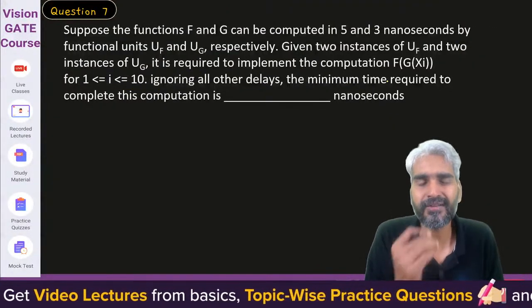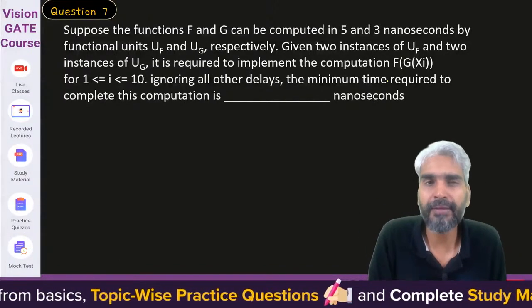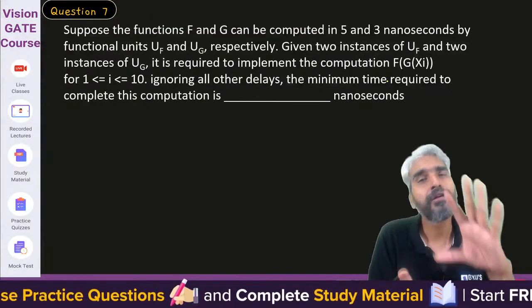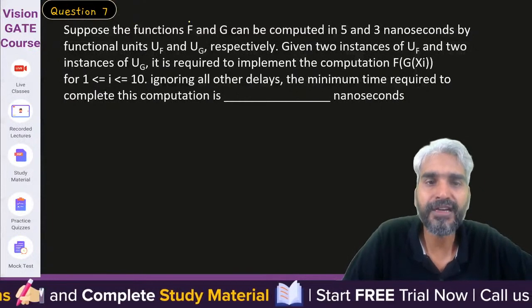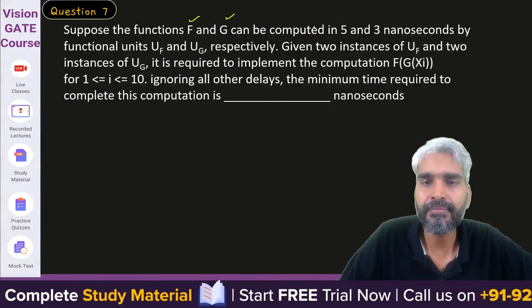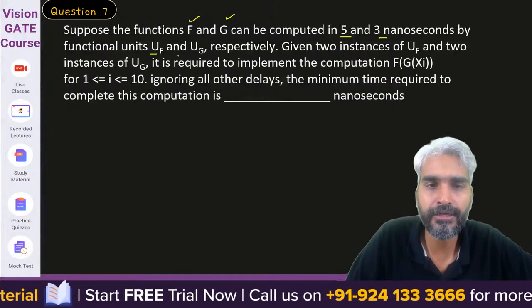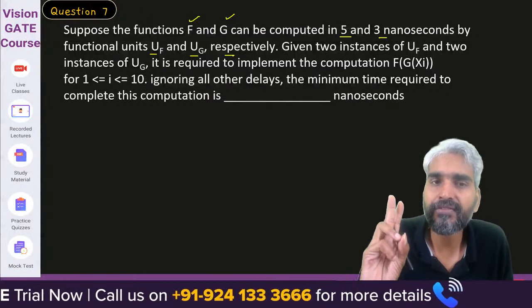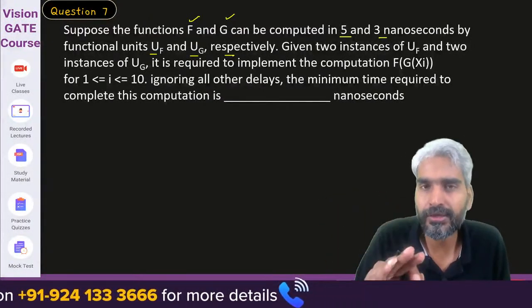So it's a different type of question, not actually related to the concept of pipeline, but related to the understanding of execution. Suppose the functions f and g can be computed in 5 and 3 nanoseconds by the functional units uf and ug respectively. So there are two types of function, one is f, another is g. To evaluate function f, you will use the unit uf.